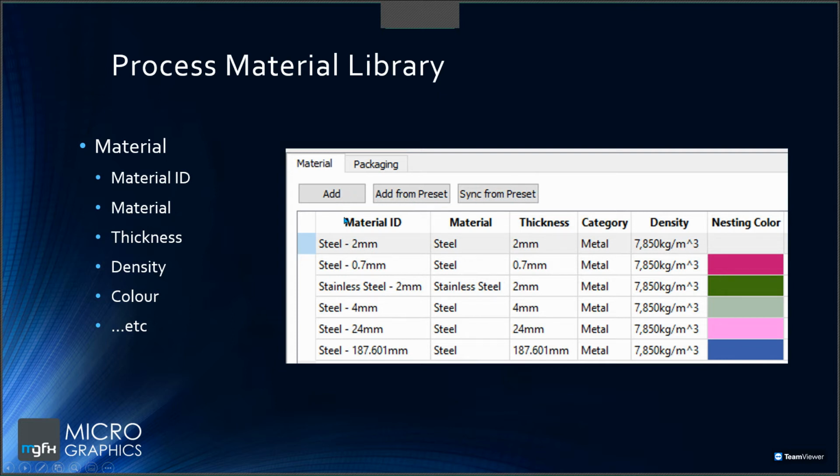So we can actually either add a single line material and type in the values, or we can add from preset and choose a preset. So my suggestion with this going forwards, if this is something that you integrate into your workflows, is that you create a blank part, a blank component or design in Fusion, and you populate the material library, the process materials.